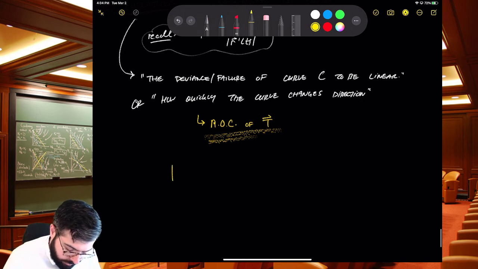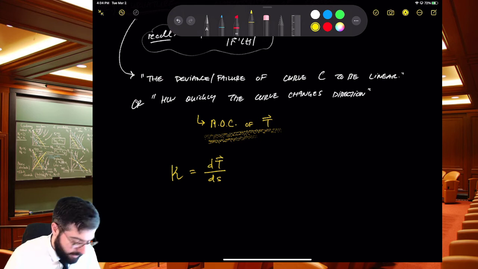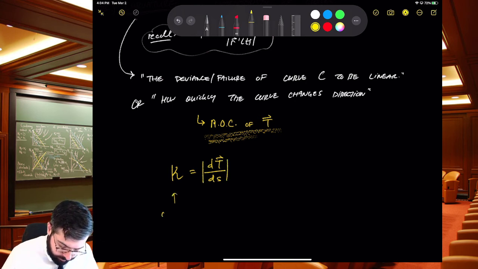So we use the symbol kappa, which is a funky K, to describe this property. And we say it's the derivative of the tangent vector with respect to arc length. And this is a magnitude. So this is a scalar, because it's just a number, it's an index describing how curvy something is.